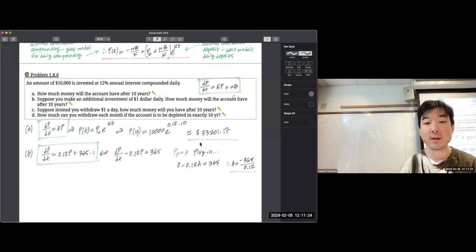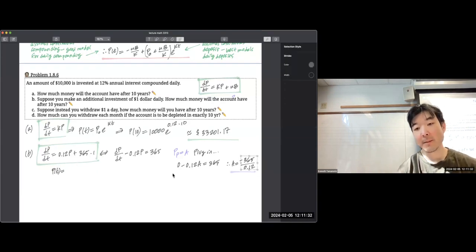Your homogeneous solution, you can just read that off. So basically your general solution is going to be equal to your particular solution, which is what we just got, a constant.